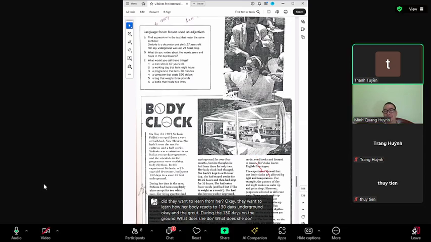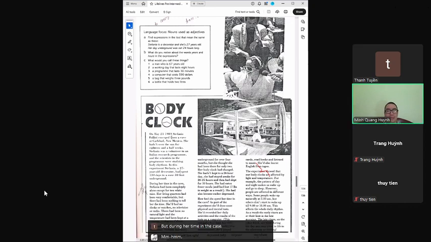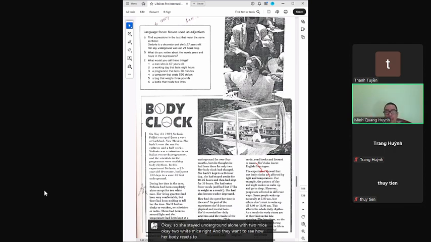During her time in the cave, she has been completely alone except for 2 white mice. Okay, so she stayed underground alone with 2 white mice, right? And they want to see how her body reacts to being alone underground for 4 months, okay?